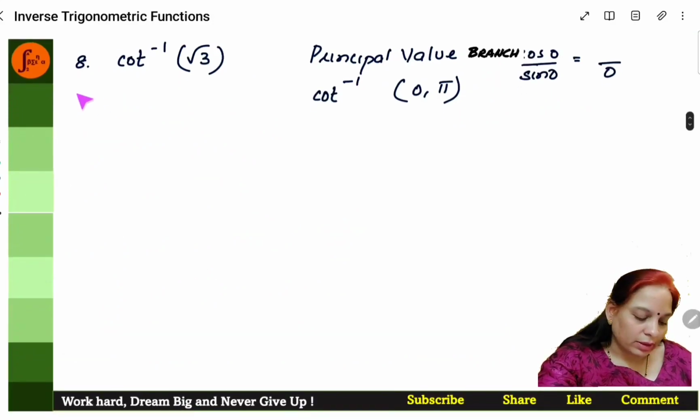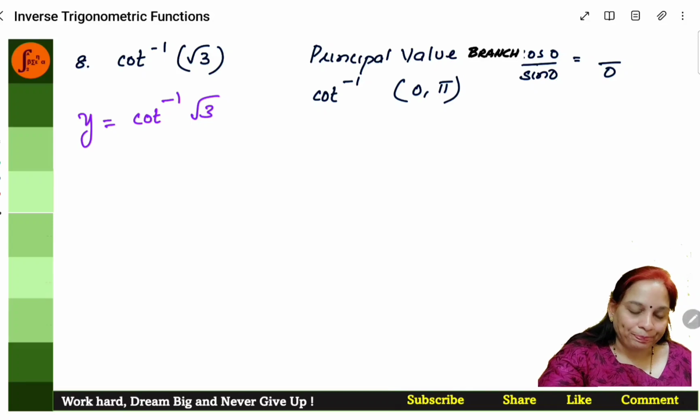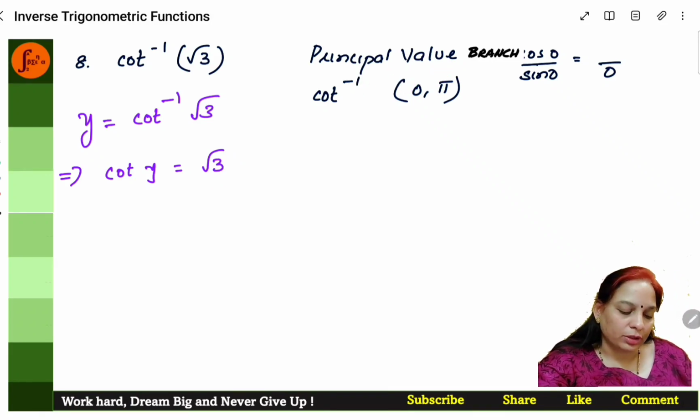Now let's look at the 8th problem: cot inverse of root 3. So y is equal to cot inverse of root 3 means cot y is equal to root 3. Now what is the principal value branch? This belongs to the cos group, that is 0 to pi.